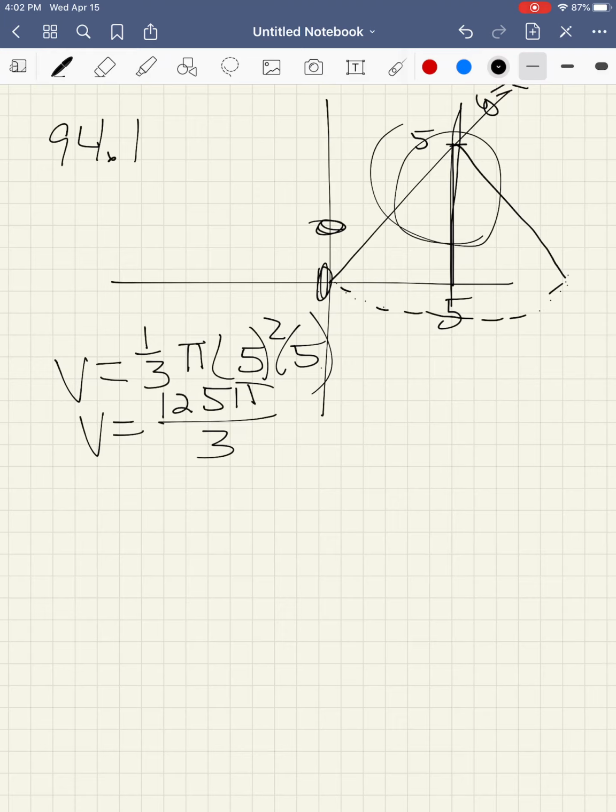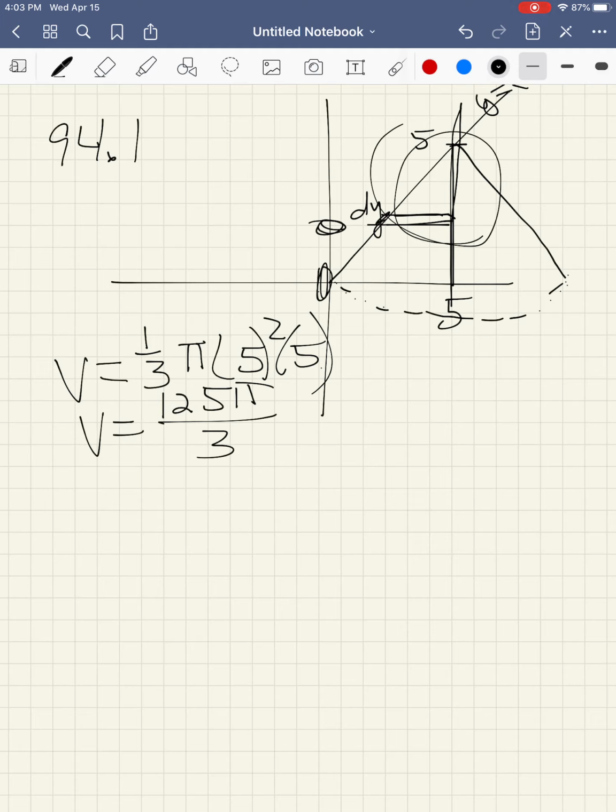So we're rotating it this way. Our slices are going to be like this, which means that this is dy, isn't it? So all the variables have to be put in terms of y.